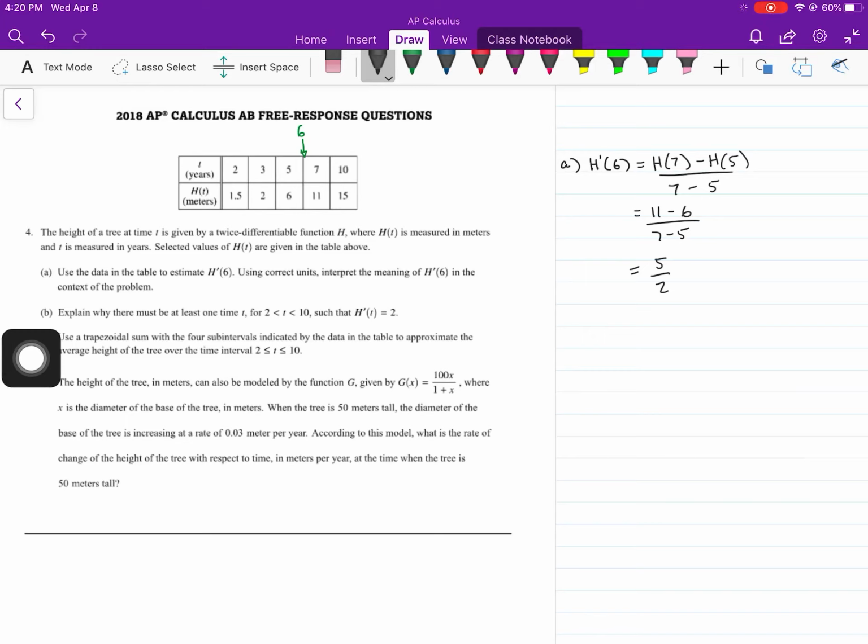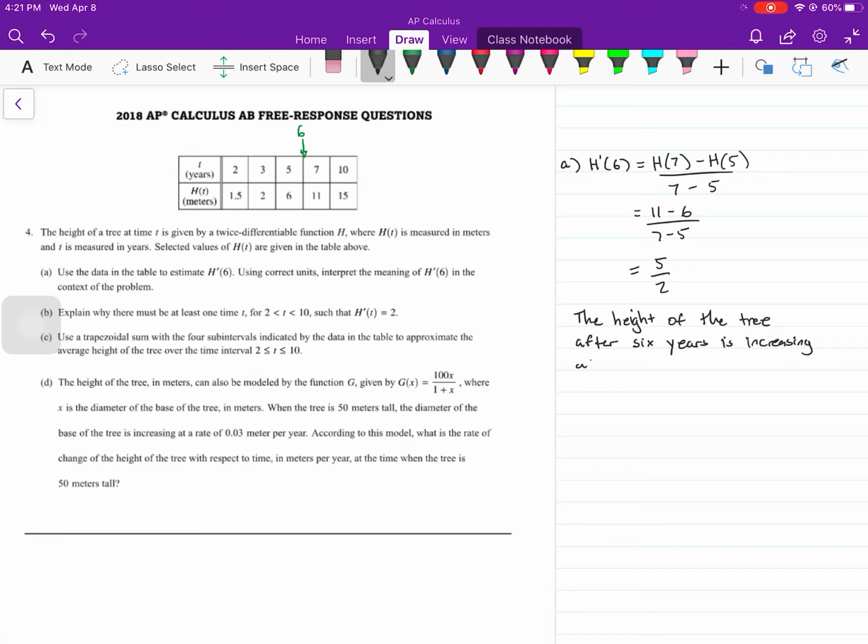So what this means is that the height of the tree after 6 years, since time is in years, is increasing, because it's a positive rate.